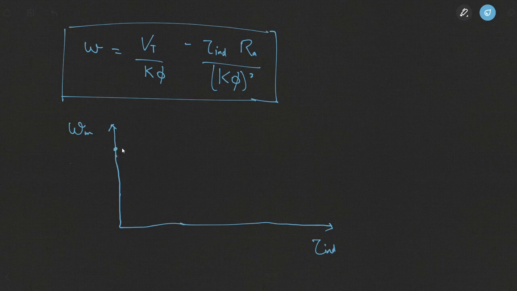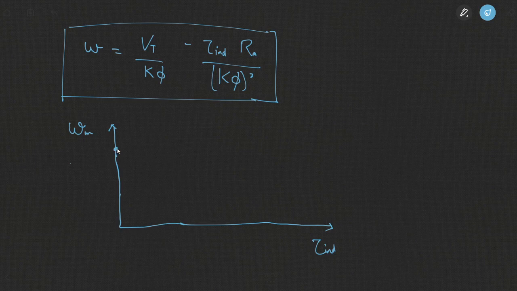If you are applying, say for example, 200 volts, K can be calculated using the number of conductors and the poles of the machine, and some flux will be produced by the field circuit. So there will be some speed of the machine when torque induced is equal to 0.